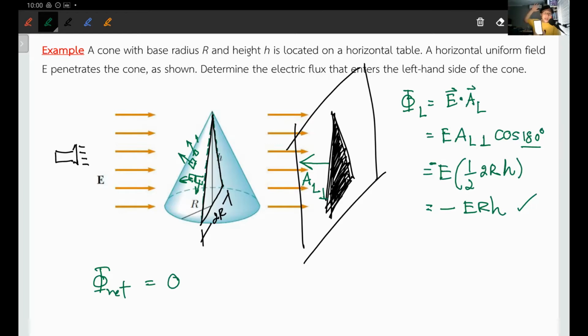If I don't have to worry about the shape of my face, the only thing I need to worry about is just the shadow of my face. All I need to do is take the electric field multiplied by the area of my shadow. So my face can look however weird, with whatever curvature, it doesn't matter because it will cast the same shadow. As long as the surface area of this shadow stays the same, the amount of electric flux through my face stays the same.